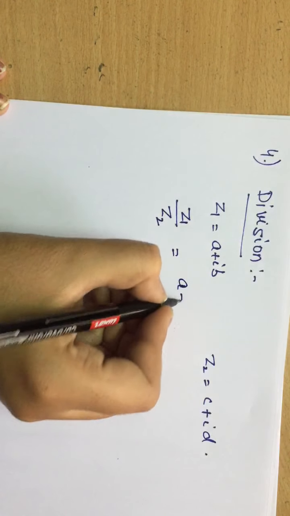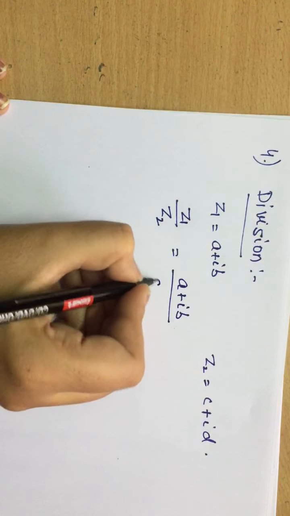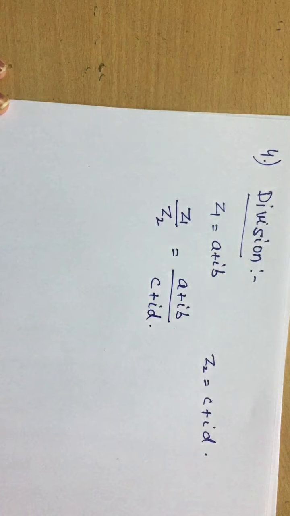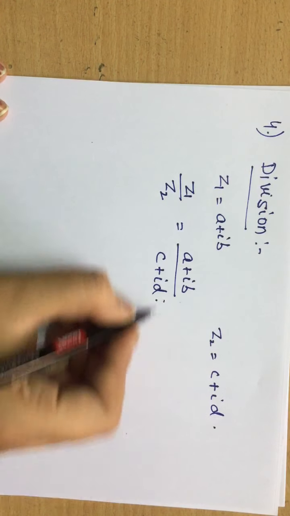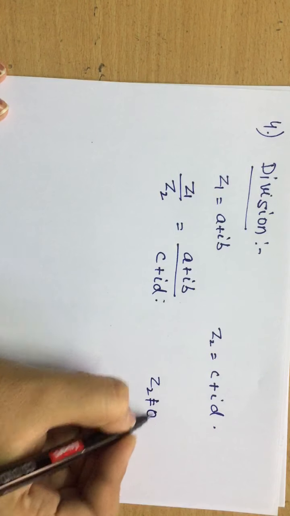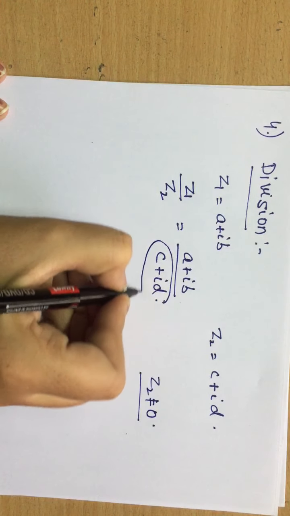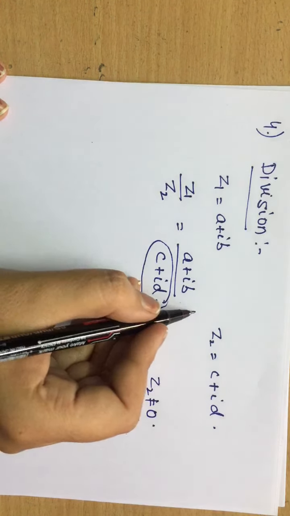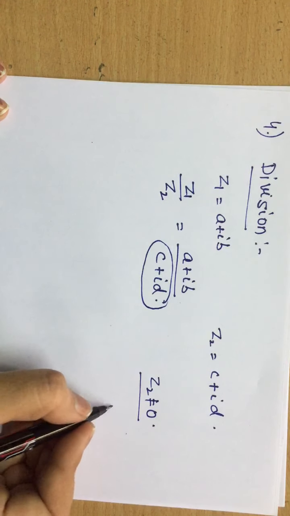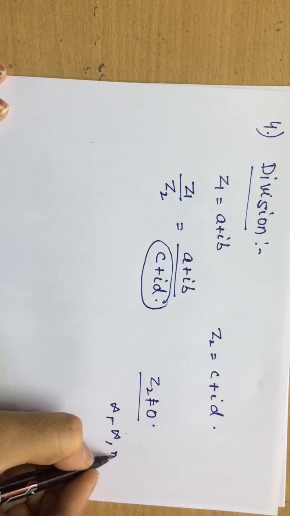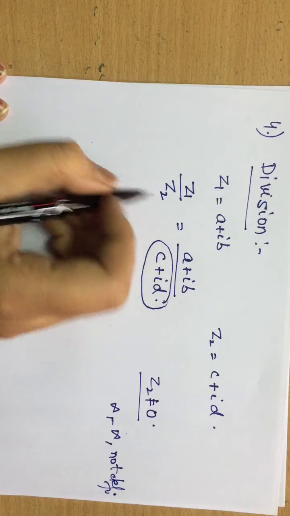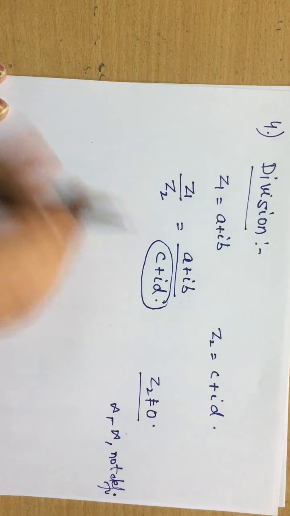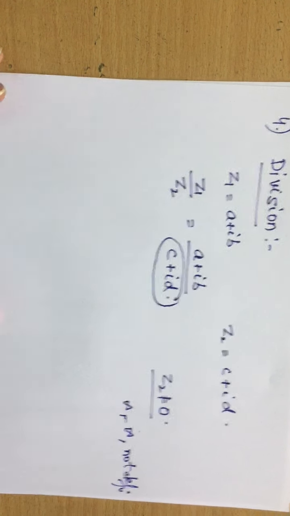So write the value of z1 in the numerator and the value of z2 in the denominator. One thing should be clear: z2 can never be 0. The denominator can never be 0. If the denominator is 0, the whole term will be either infinity, minus infinity, or not defined. So we can't divide the two numbers. So for division, the denominator should not be 0.